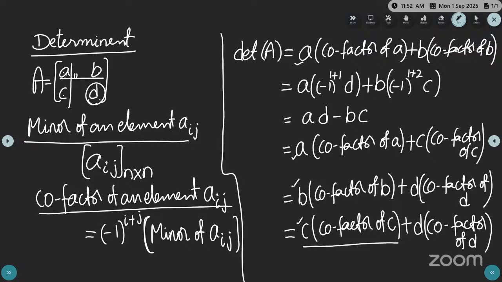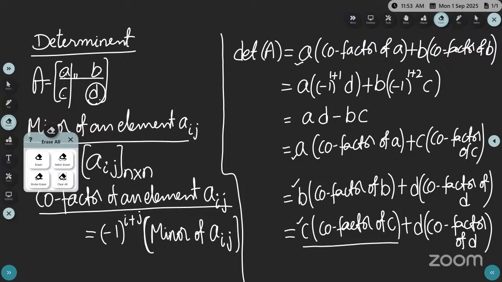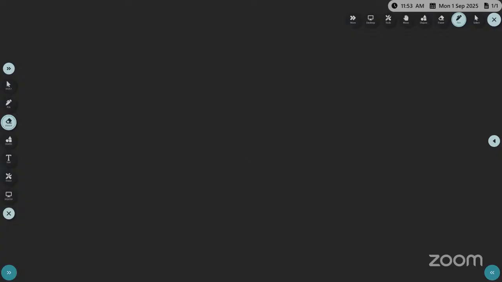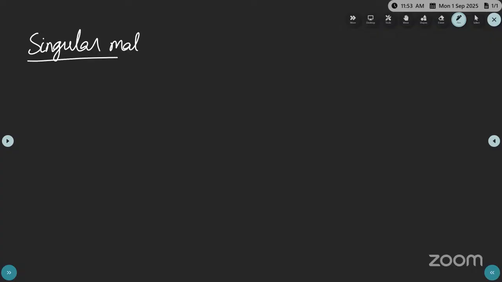A square matrix A is said to be a singular matrix if its determinant is equal to 0.